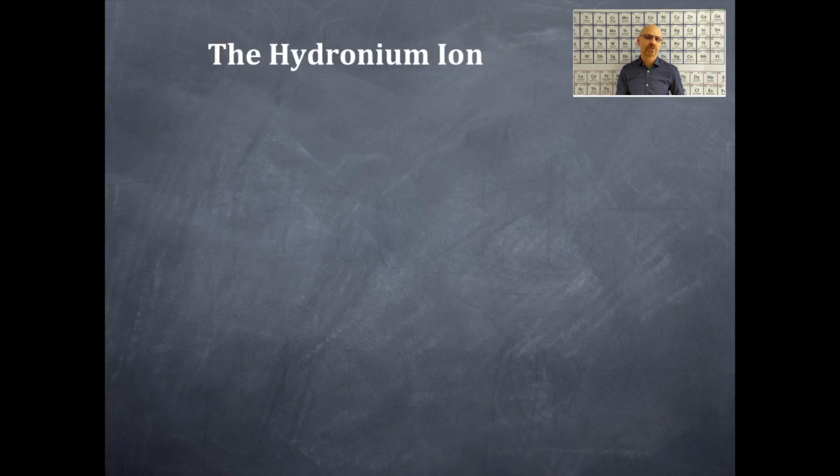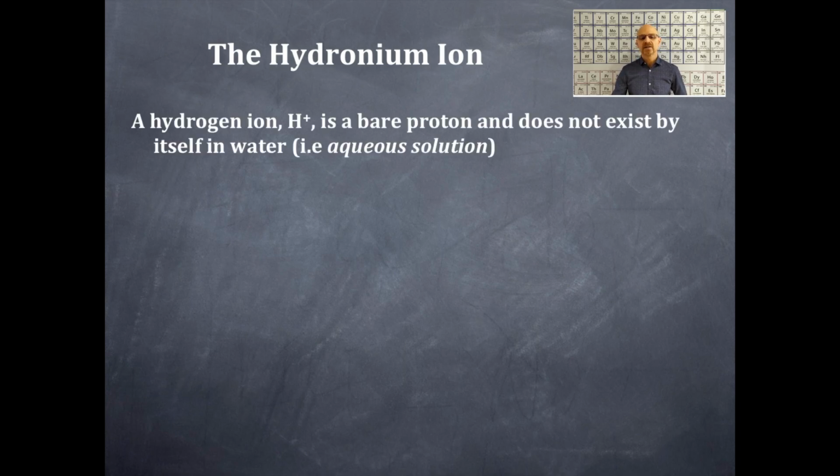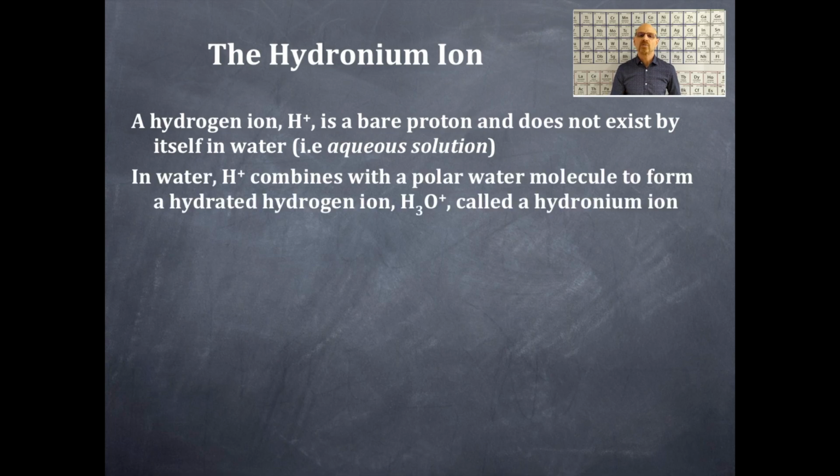Now I want to get into the hydronium ion. I did talk about the hydronium ion multiple times, but I didn't tell you what the hydronium ion is. A hydrogen ion, that is an H+ ion, is a bare proton and does not exist by itself in water, that is, in aqueous solution. In water, the hydrogen ion combines with a polar water molecule to form a hydrated hydrogen ion, which is called a hydronium ion, H3O+.